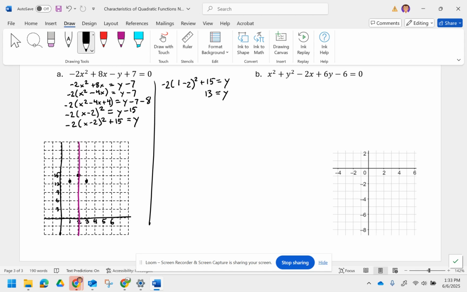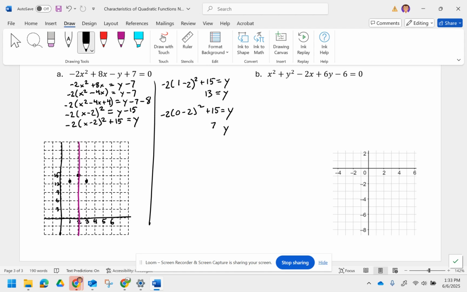Let's go ahead and do it for a 0. So when x is a 0, 0 minus 2, it's going to be negative 2 squared is 4, times negative 2 is negative 8, plus a 15, it's going to be 7.